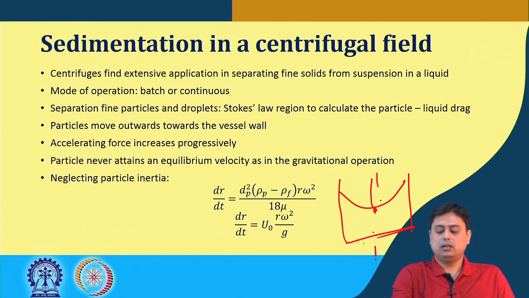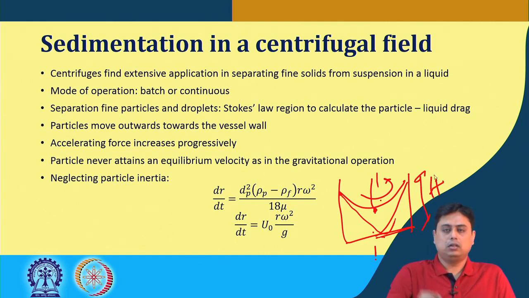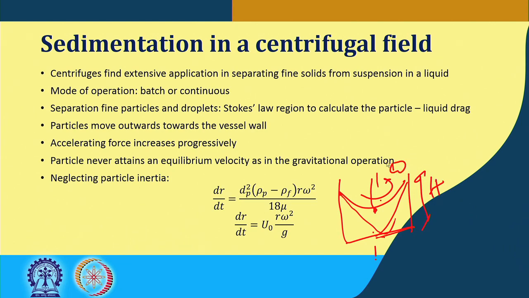If this is the bowl wall, as you increase the rotating speed, this free surface at a certain point of time will touch the base, depending on the depth of the liquid and the speed, the angular momentum of this rotating bowl.